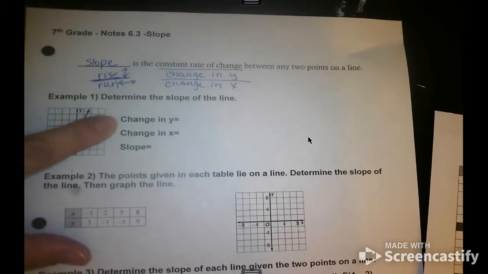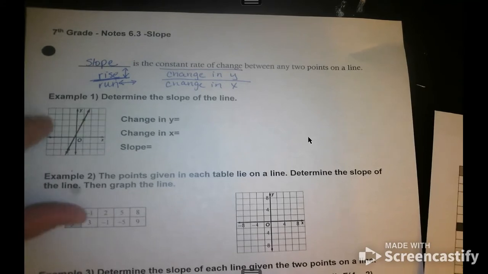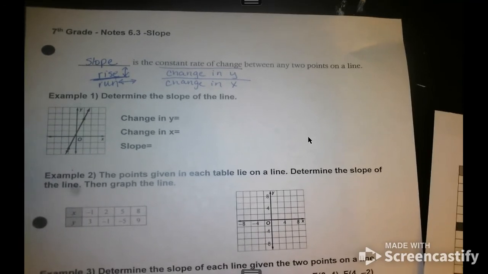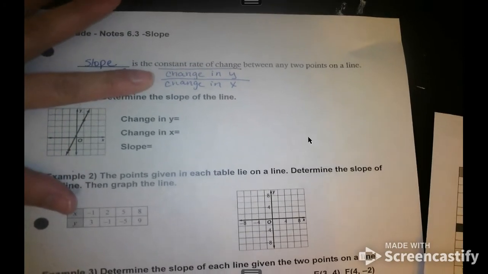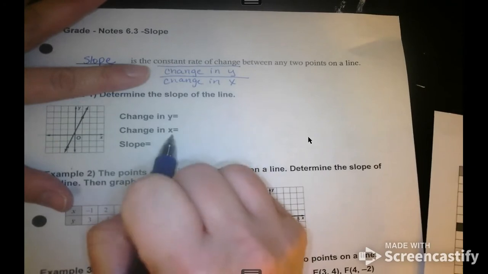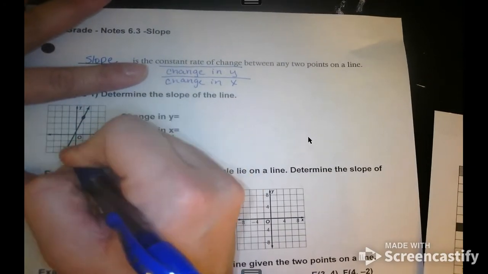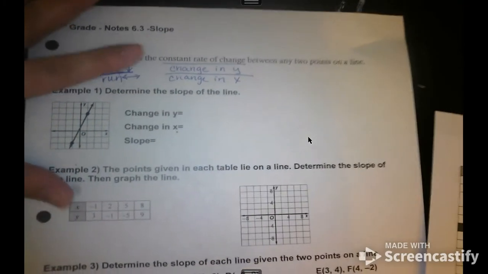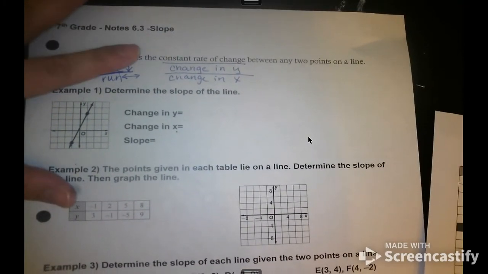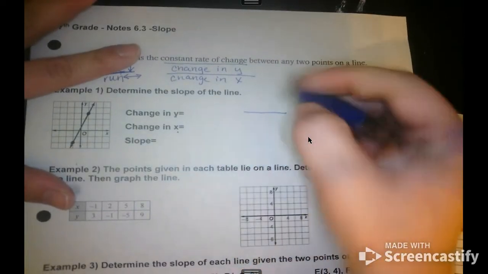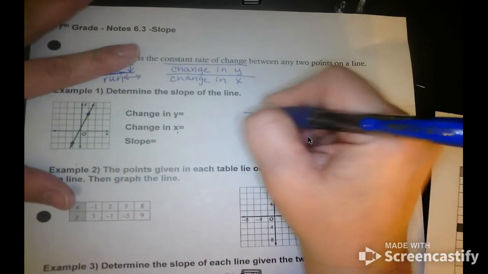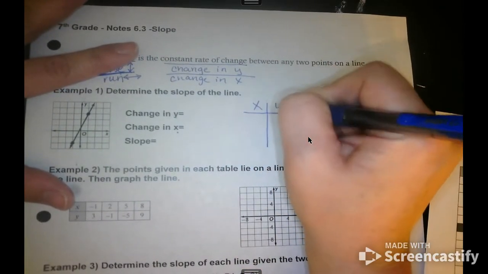All right. So it says determine the slope of the line. So I need to know what happens to y. How do you think I can do that with this picture? Let's just think of it. I'm having to figure out the change in y over the change in x. There are 2 points here. Do you think I probably need to use those? Yes. Because in order to know how y changes, I need to know what y is, right?